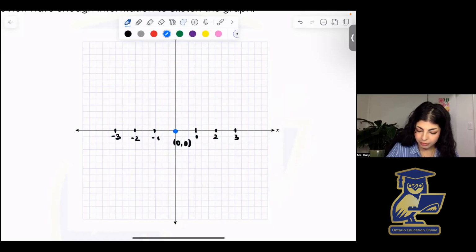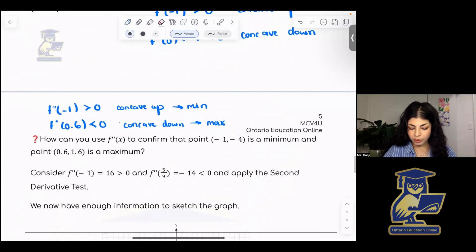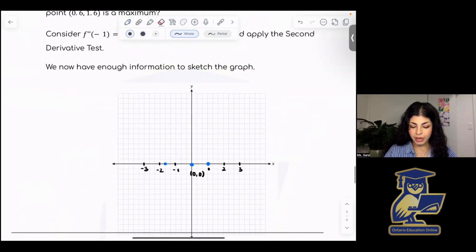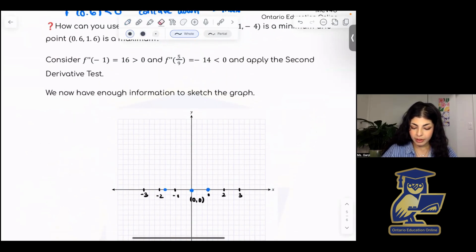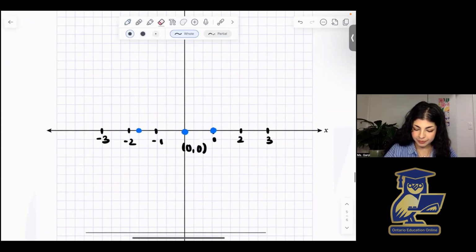Okay, so this is my first point. This is -5/3, and then 1. Now we have also 5/9, which is approximately here.